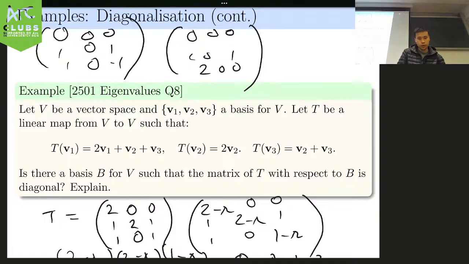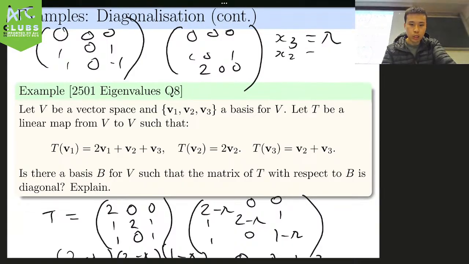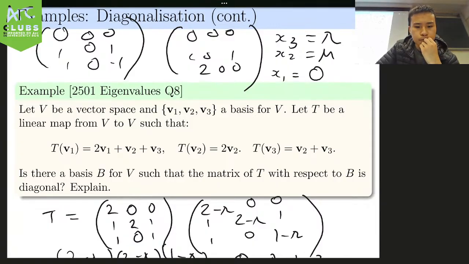So essentially, let's say x3 is lambda. x2 I believe is a free variable, so we get mu, but then x1, just because of this, has to equal 0. Ooh, no, that's a bit of a problem.